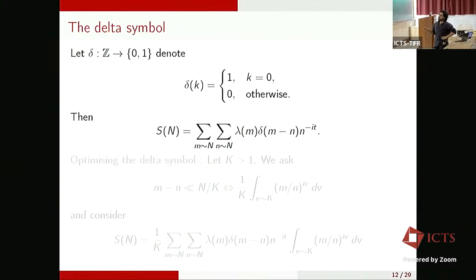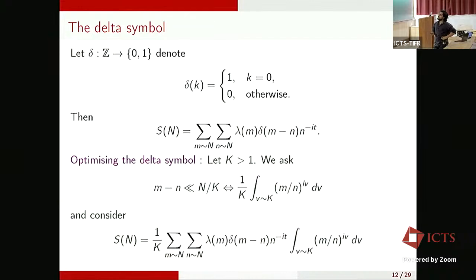Before substituting an expansion for this delta symbol, we try to be less wasteful by doing the following step. We ask that m minus n should be something less than N by capital K, where this parameter will be chosen optimally at the end.